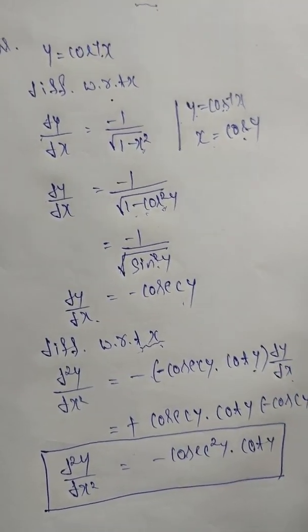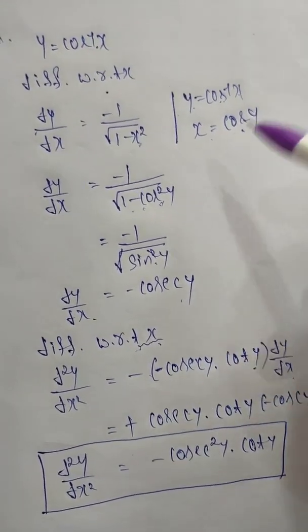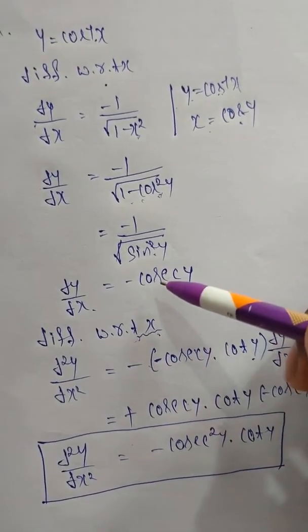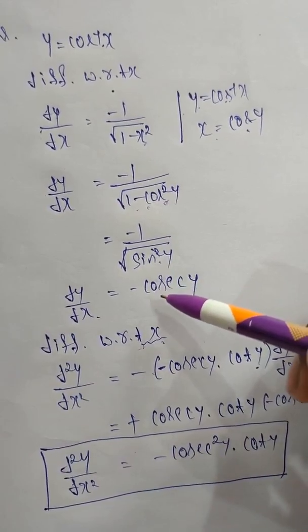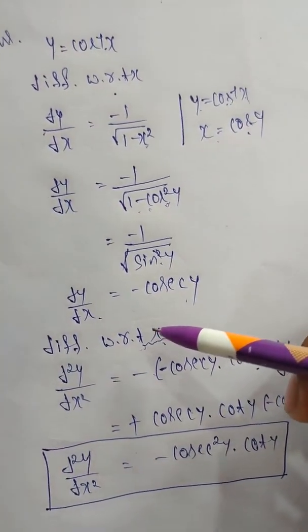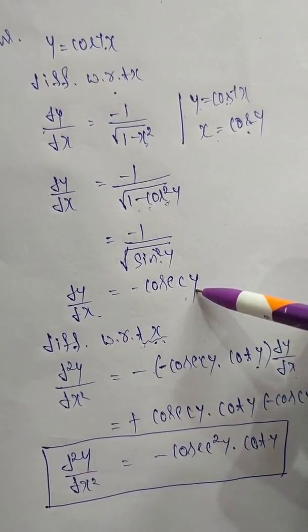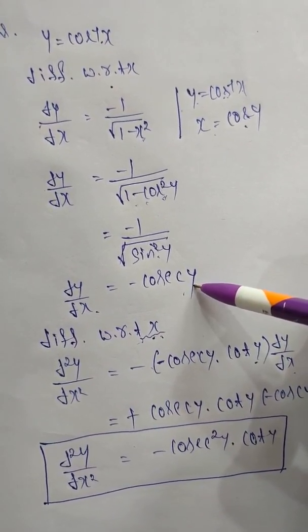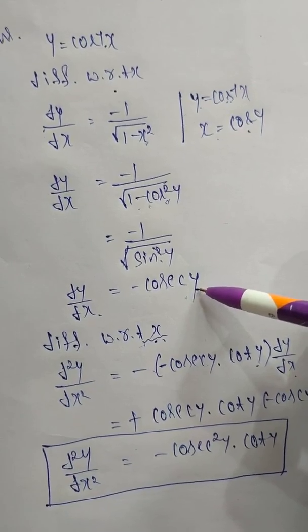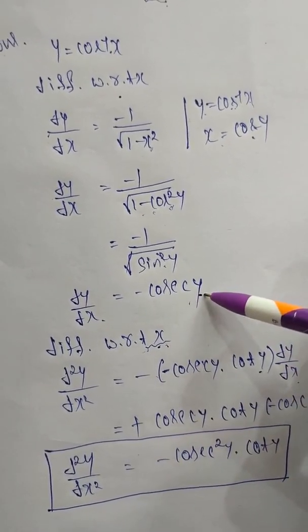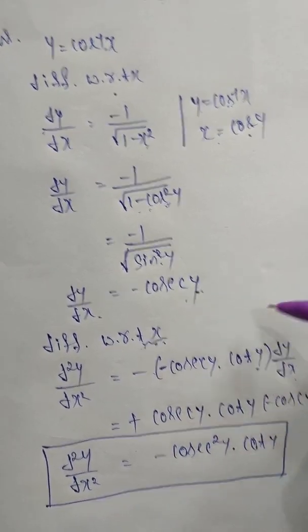Here what you want to remember is, after the first differentiation, you change the equation in the form of y. After changing to y, while differentiating with respect to x, wherever y exists, you want to write dy by dx.